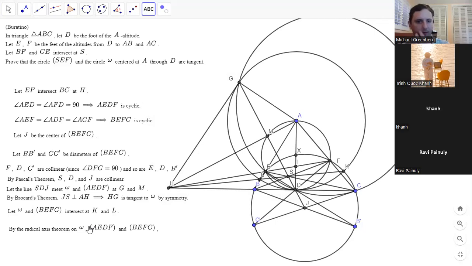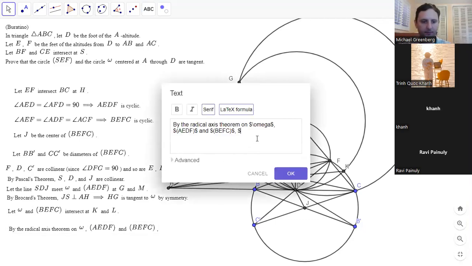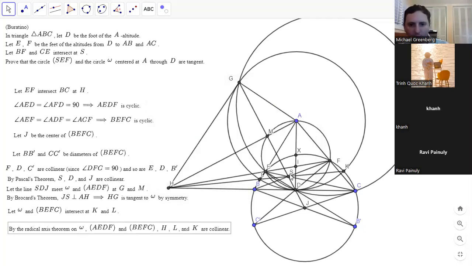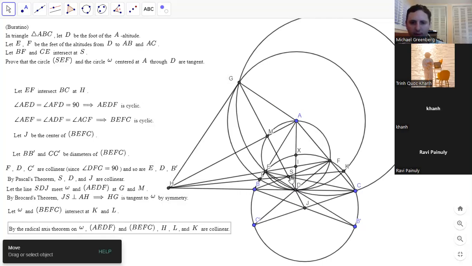So first I'm going to say H, L, and K are collinear. But then the fact that S lies on it just means S has the same power with respect to those two circles. Actually, how do we show that H, L, S, and K are collinear?